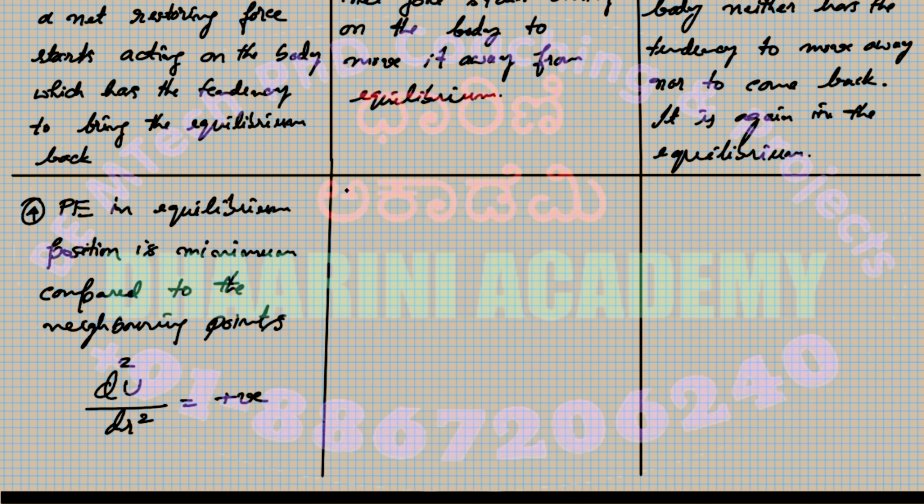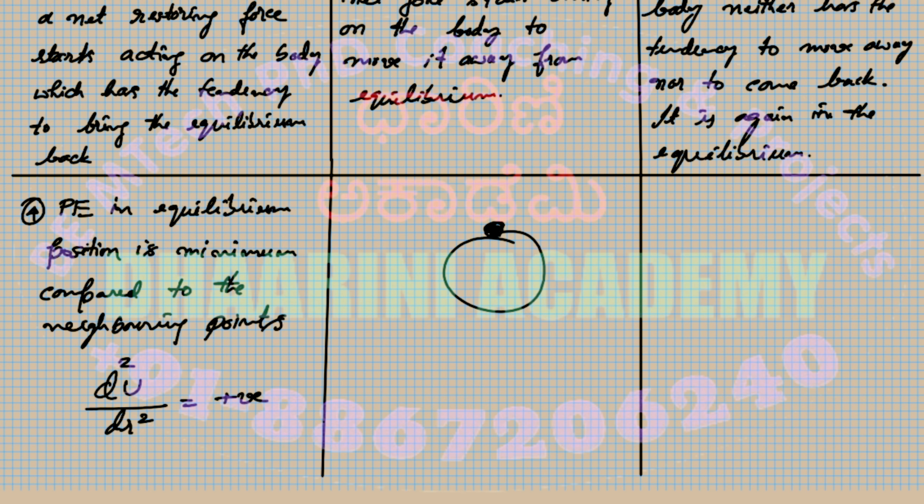At the same time, let's try to write a point under the unstable. Unstable means, recall the diagram, it is somewhere here. So this is the highest point on the surface. Highest point means highest energy, correct? So because the energy is highest, this is unstable. Excessive energy you have, which makes the system unstable.